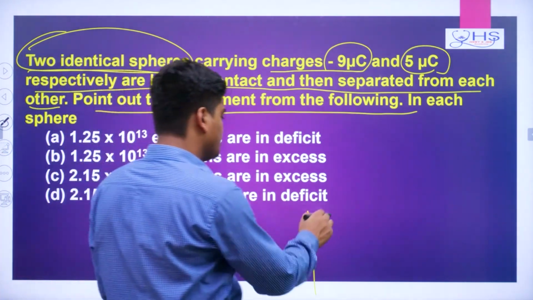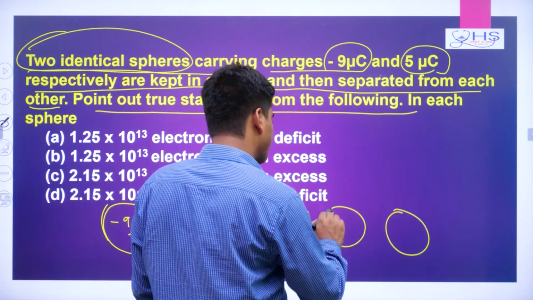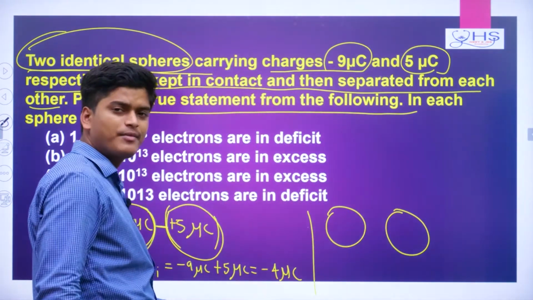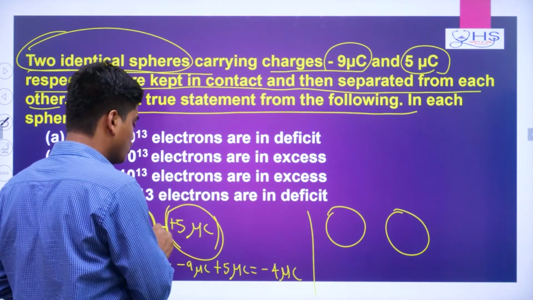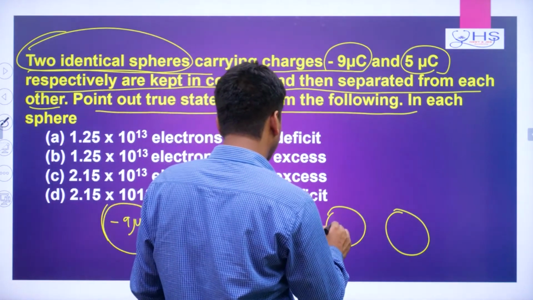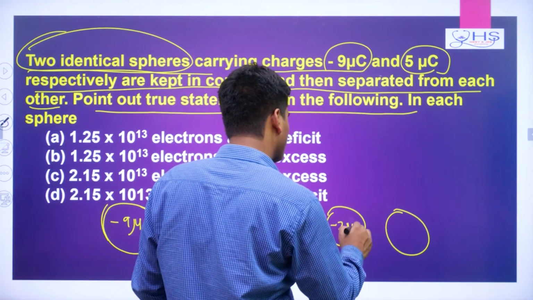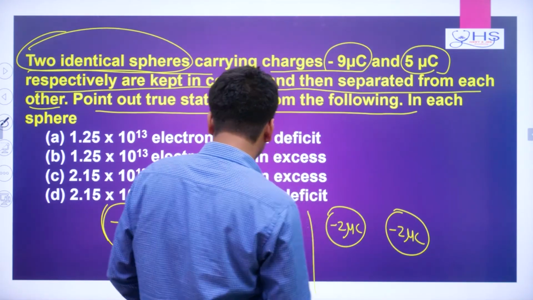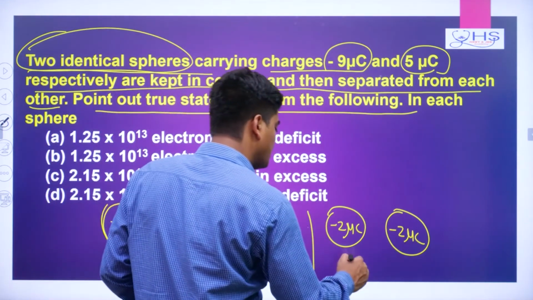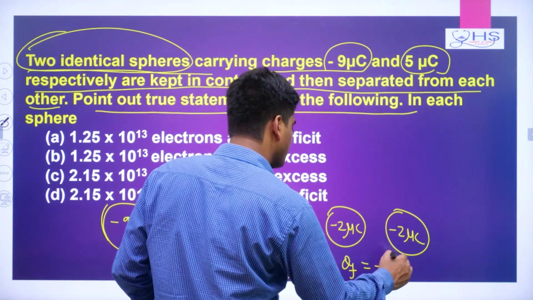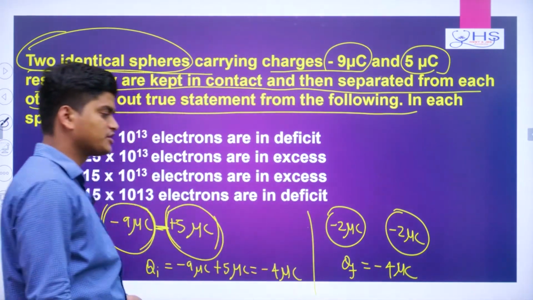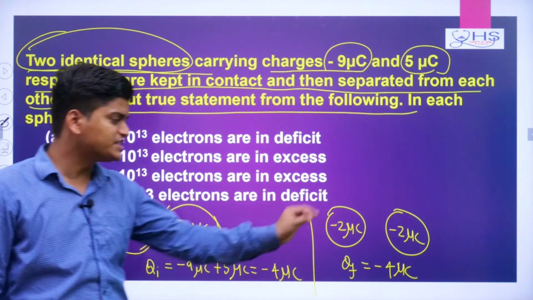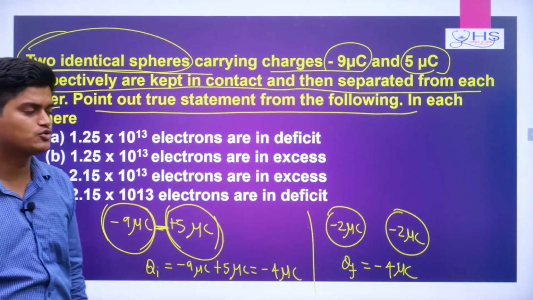That means both will have the same charge after contact. So each will become minus 2 microcoulomb, because initially the total is minus 4, so finally it should also be minus 4 microcoulomb. This is the condition. On each sphere it will be minus 2 microcoulomb.